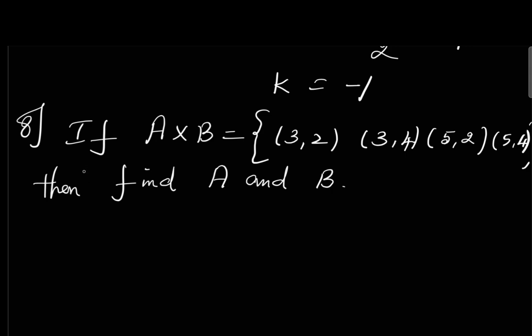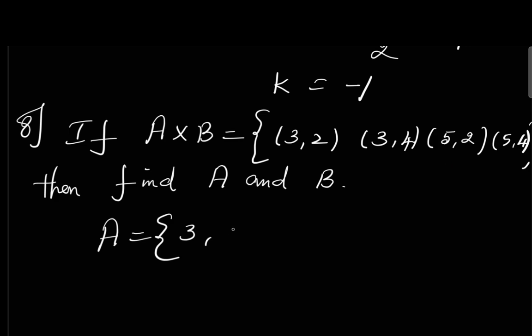See next sum. If A cross B is a set of 4 ordered pairs, find A and B. See, in the ordered pairs, the first elements are from the set A. So in that case, I collect all the first elements of the ordered pairs. Here 3. Again in the second ordered pair 3, so we need not repeat the element.